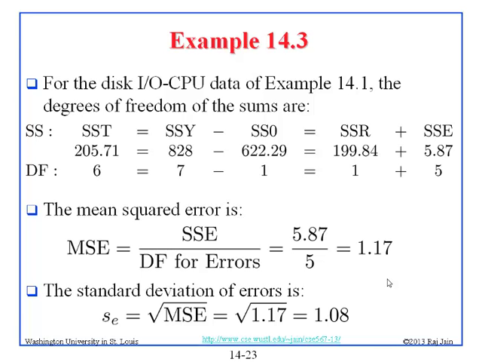And then degrees of freedom are 6, 1, and 5. So the mean squared error is SSE upon n minus 2, which is this 5.87 divided by 5. So mean squared error is 1.17. Standard deviation of error is square root of that, which is 1.08.